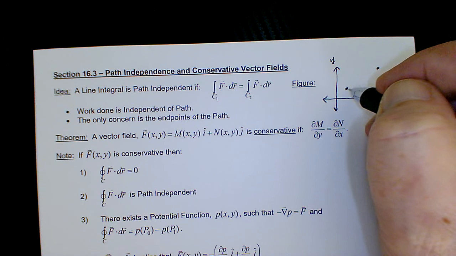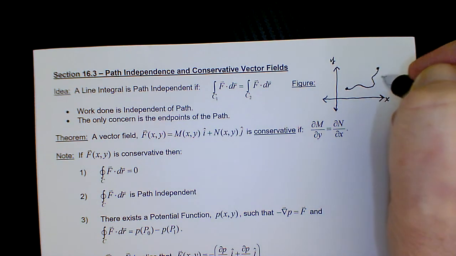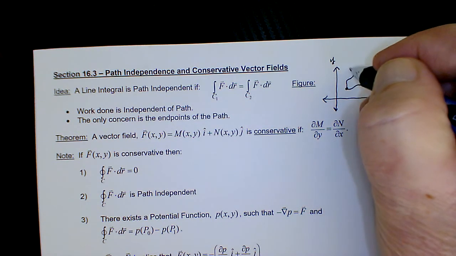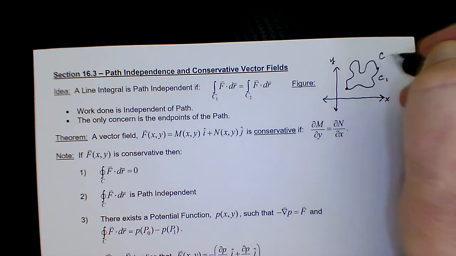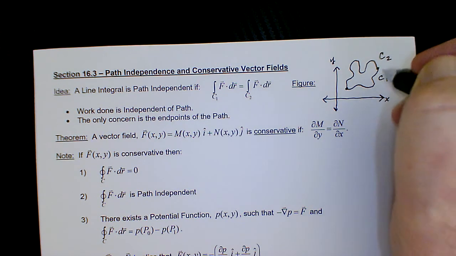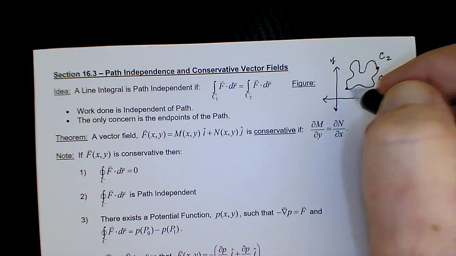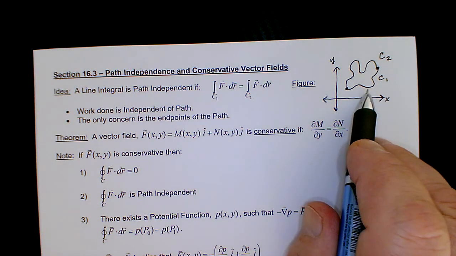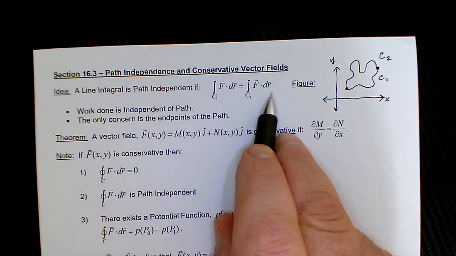If you take a curve, it doesn't matter what shape it is, let's call that C1, and then you have a different curve, call that C2. A lot of times these are really just straight lines or line segments, but the whole concept is that it doesn't matter what path you take. If the endpoints are the same, then the work is going to be equal.